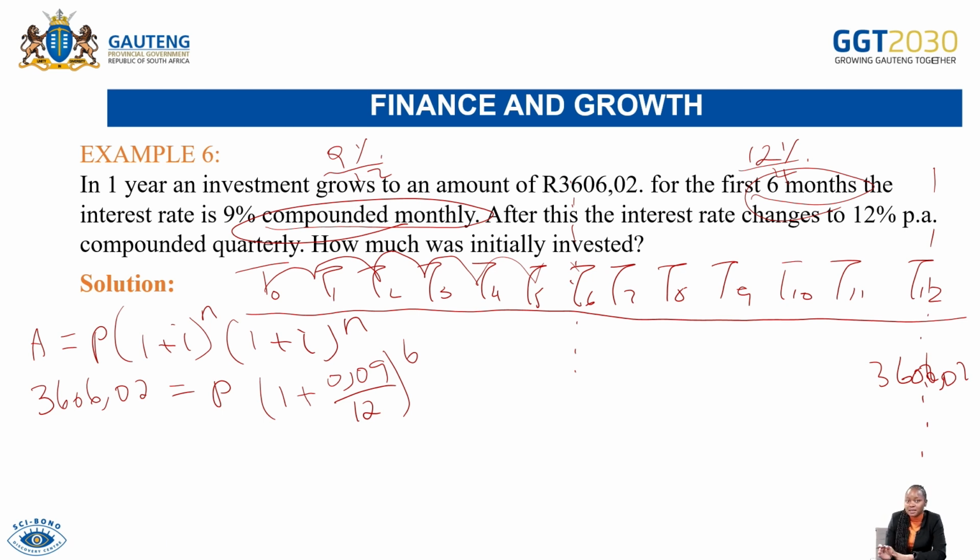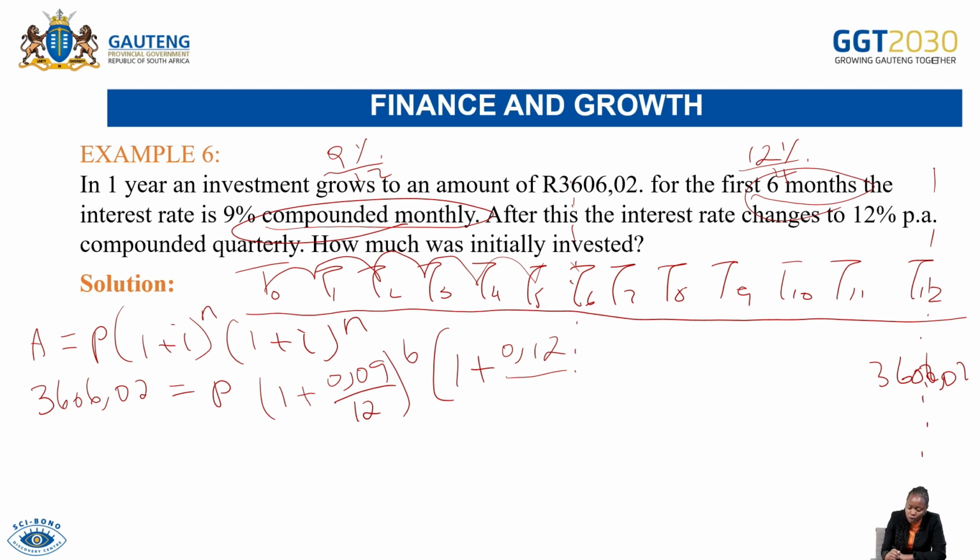I hope I'm making myself clear. Okay, so let's continue. You open a bracket. It is going to be 1 plus your new i for the remaining 6 months, which is 12%. Again, you don't substitute 12% as it is. You divide by 100, so you'll have 0.12 all over.